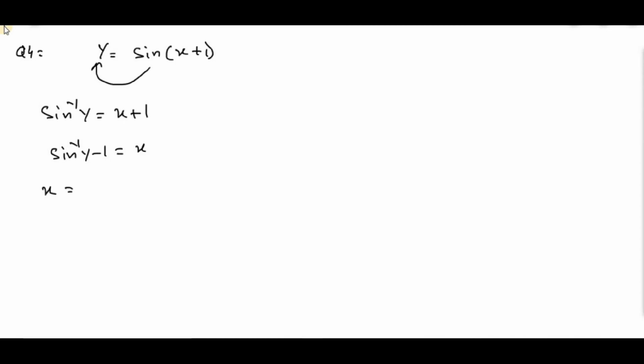Therefore x is equal to sine inverse of y, and y is the angle, so we will maintain it in brackets, minus 1. So first of all we will maintain the brackets of the trigonometric function. So this is the required domain.